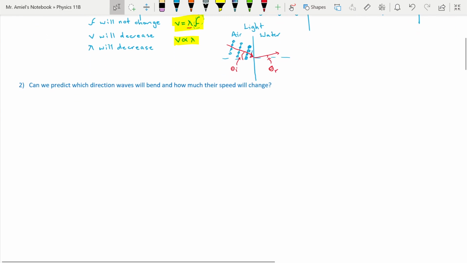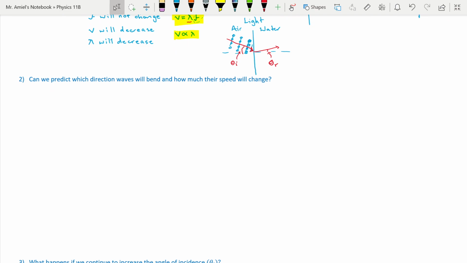And again, I said we'll focus mostly on light here, so let's focus mostly on light. So we just saw this case where we had light going from air into water. And we could picture this as our marchers coming along.